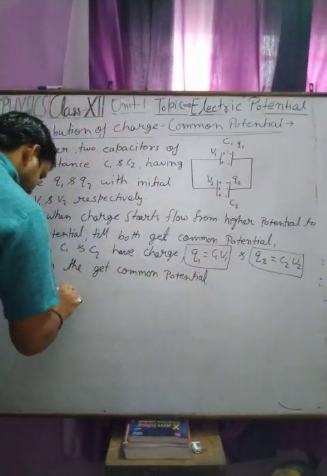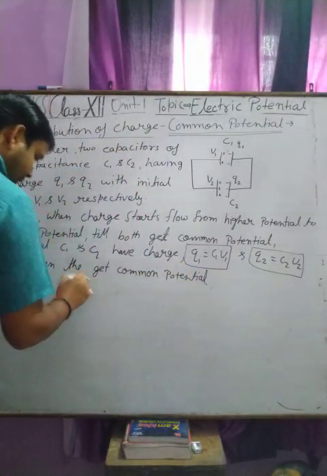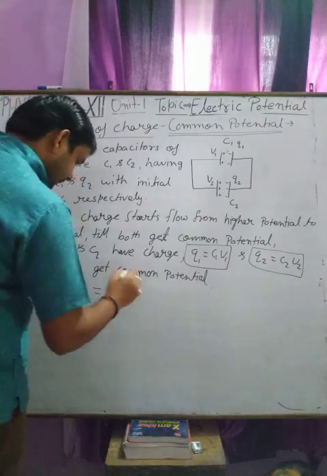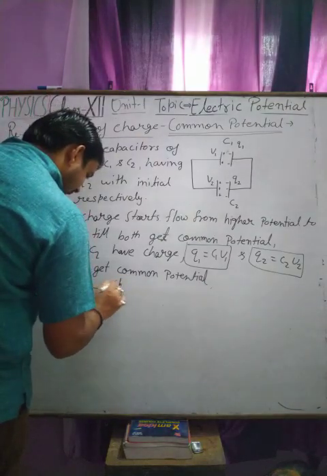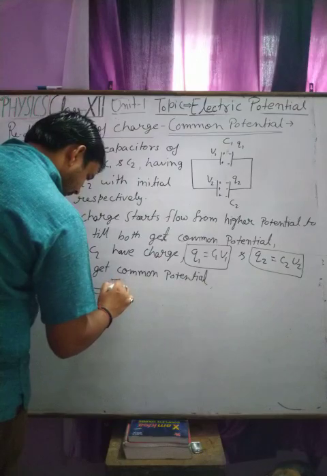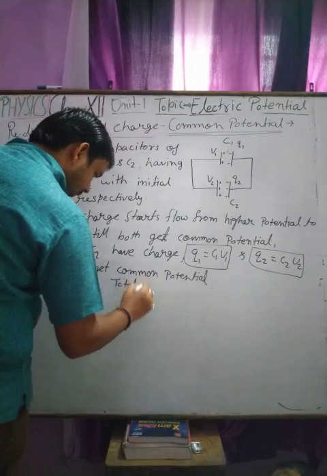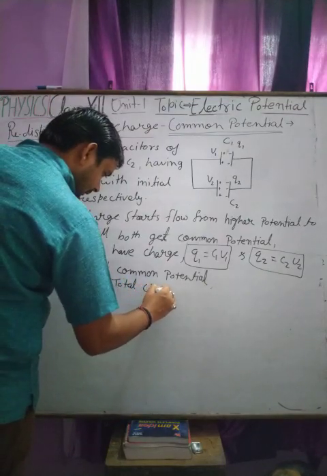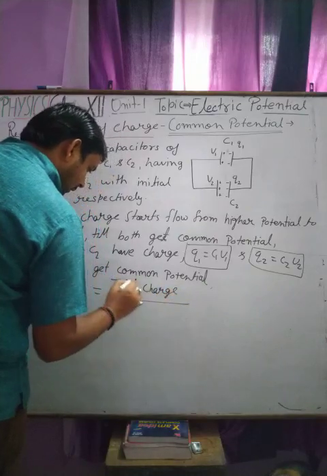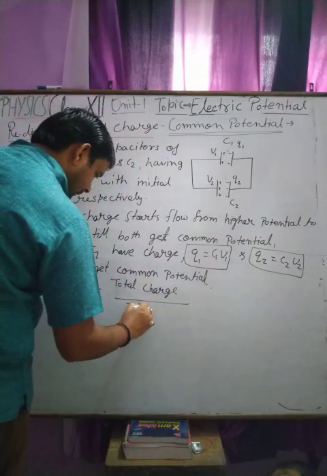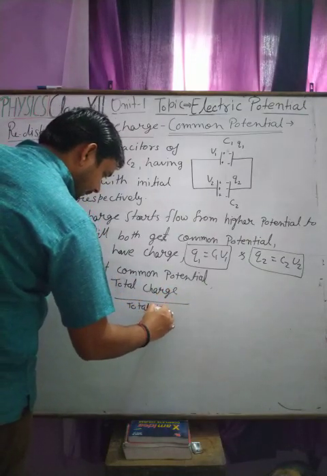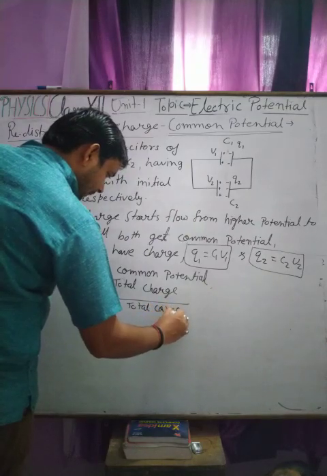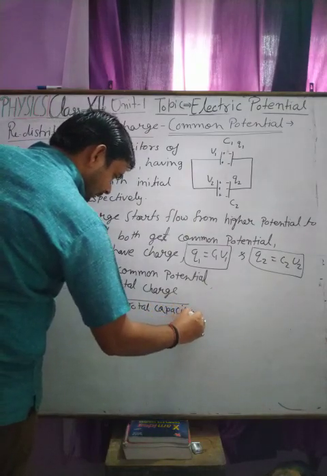therefore common potential V is equal to total charge upon total capacitance.